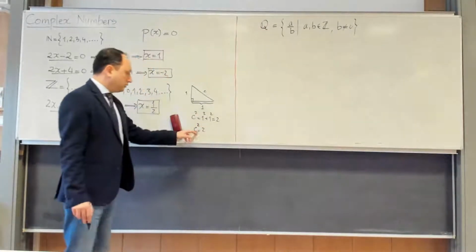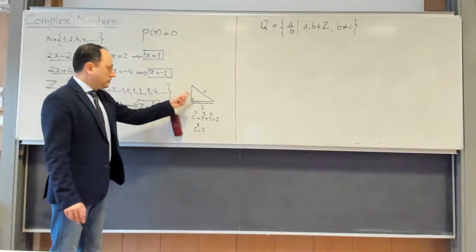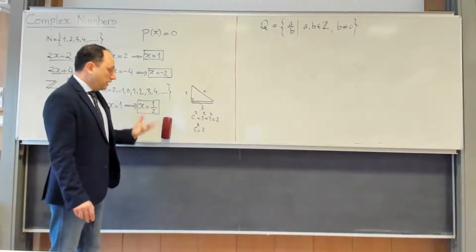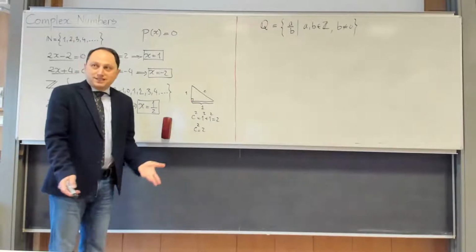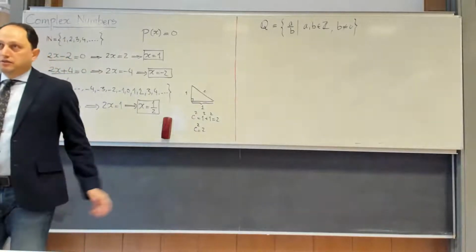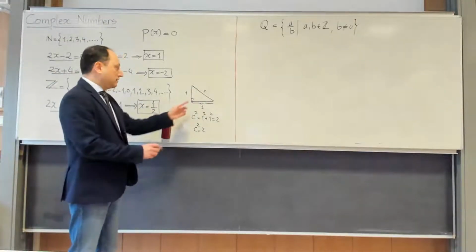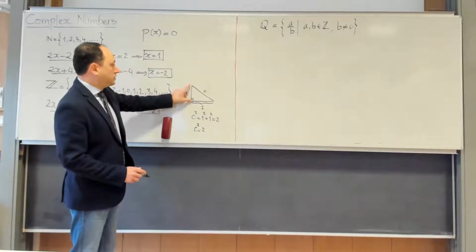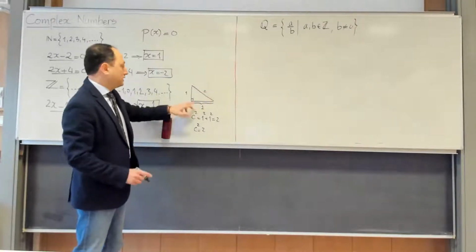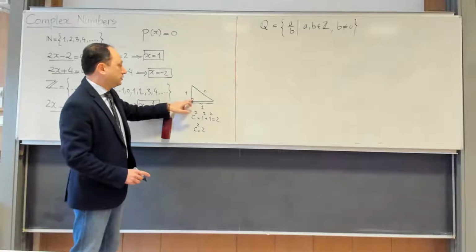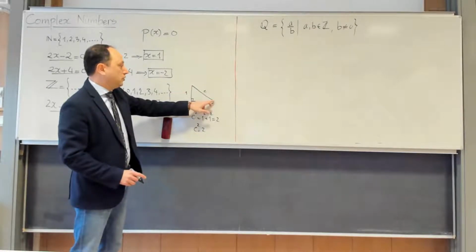On the one hand, people using this geometric picture understand that this number should exist somewhere. The existence of this number is clear from this picture. I draw 1 meter here, 1 meter there, in a way that they are perpendicular to each other, and just connect these 2 points.